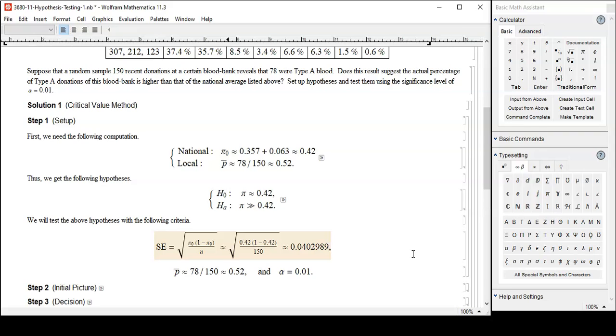Another reason is I don't like to use pi because pi is usually used for something else. In statistics, people use pi all the time for proportion, for population proportion, but I'm closer to a mathematician than a statistician, so I do not want to use pi for proportions.